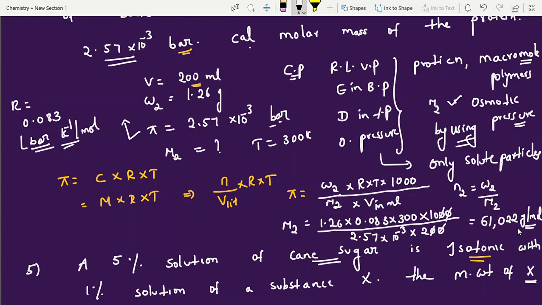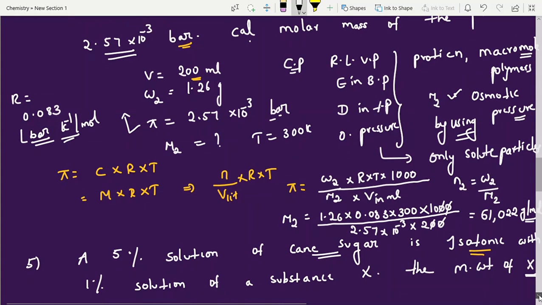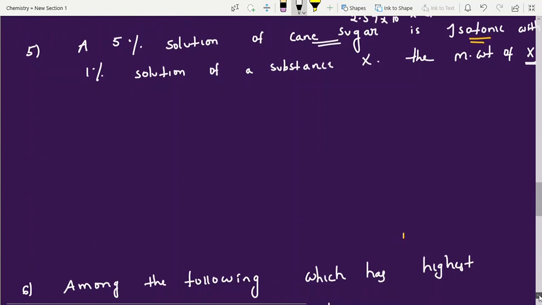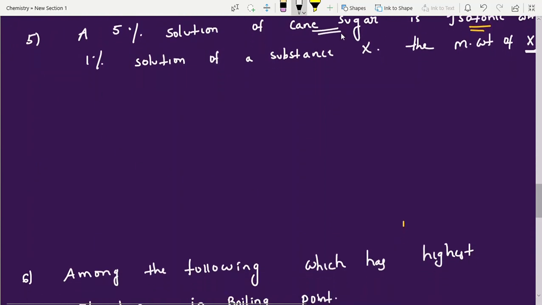A big molecular weight, above 50,000 or 60,000, means a heavy protein or macromolecule, giant molecules, right? So which colligative property are we using? Osmotic pressure.